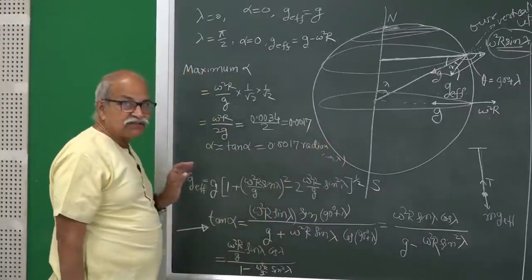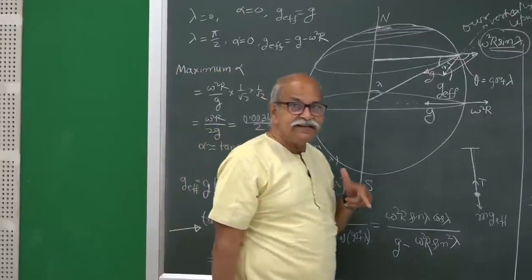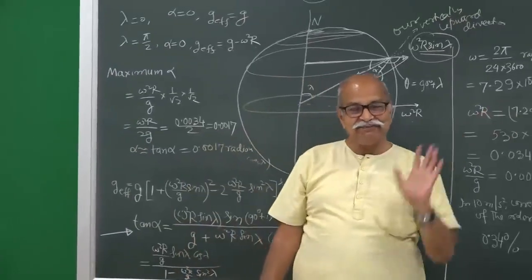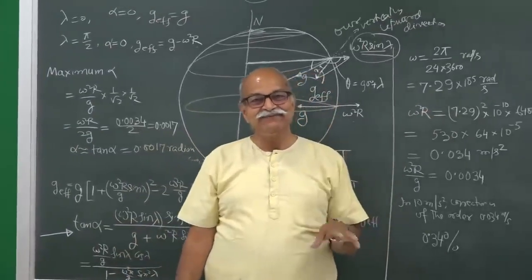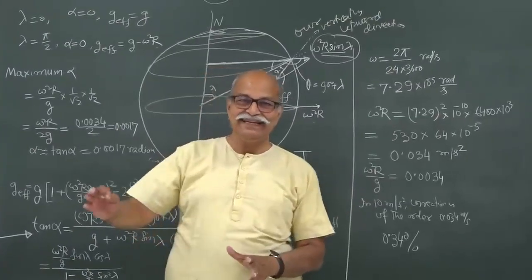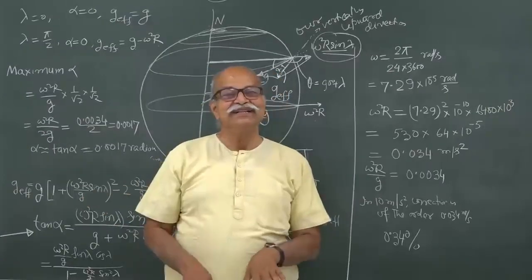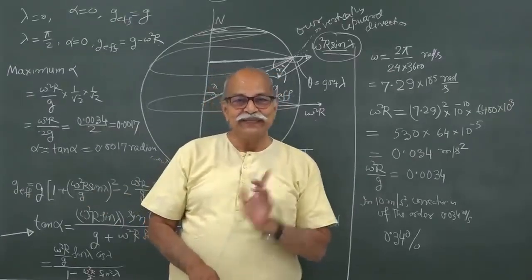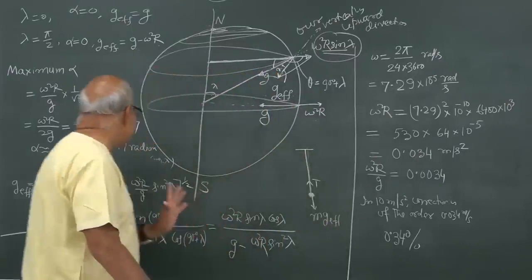So, how many degrees? 1 radian is 57 degrees roughly. 1 radian is 57 degrees, 3.14 radian is 180 degrees. From there you can calculate how much is 1 radian. So, it is around 57 degrees.